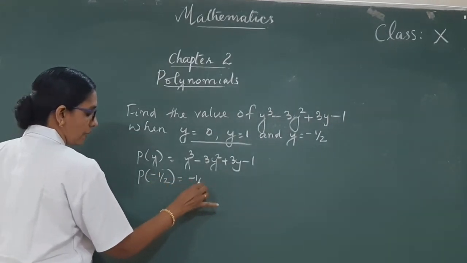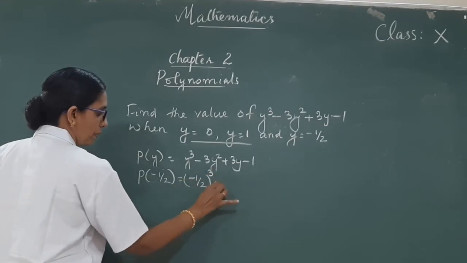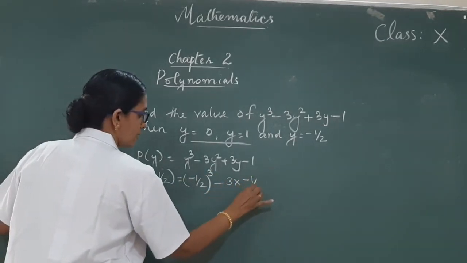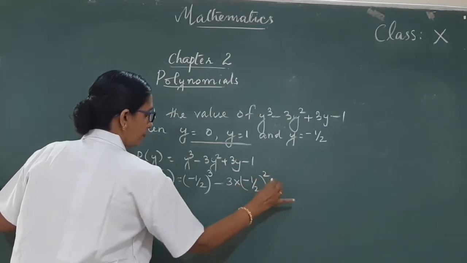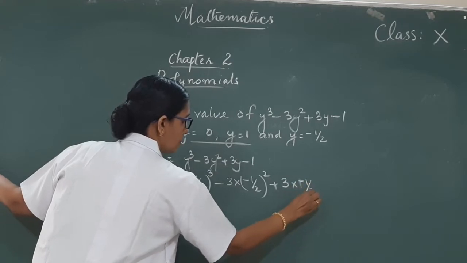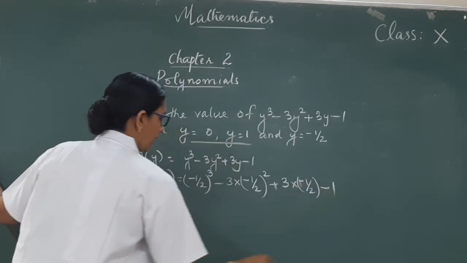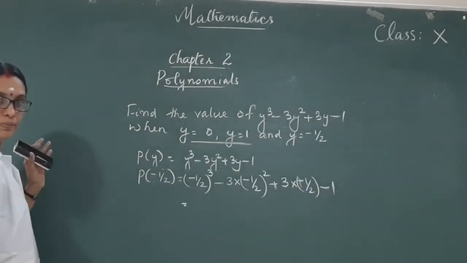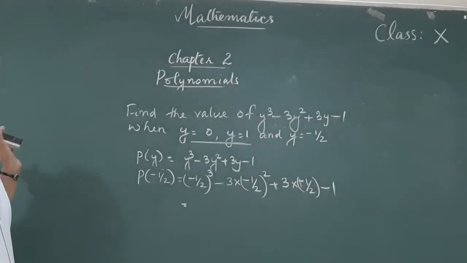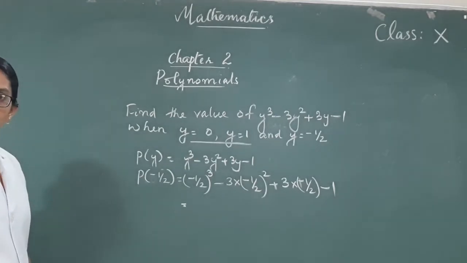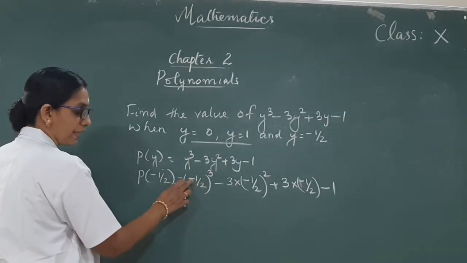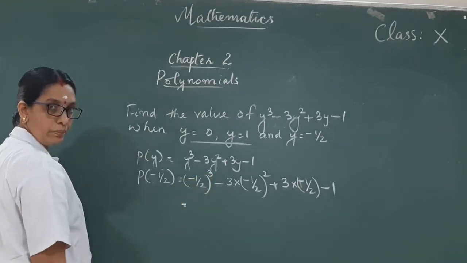It is minus 1 by 2 the whole cube minus 3 multiplied by minus 1 by 2 the whole square plus 3 multiplied by minus 1 by 2 then minus 1 equal to minus 1 by 2 the whole cube is minus 1 by 2 into minus 1 by 2 into minus 1 by 2. Or we can take cube of the numerator and cube of the denominator.